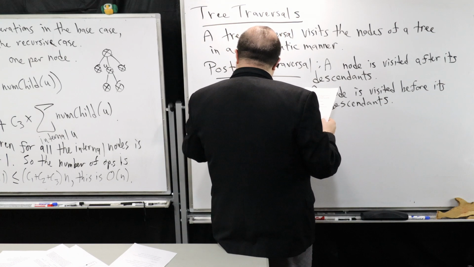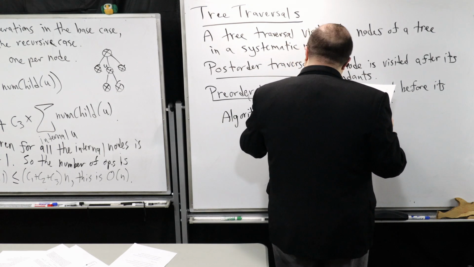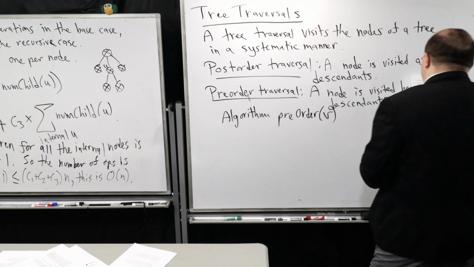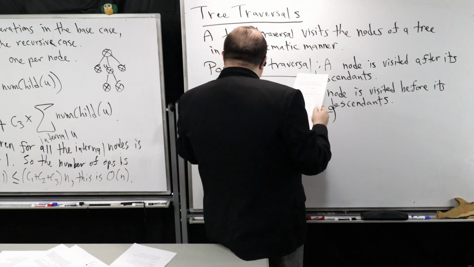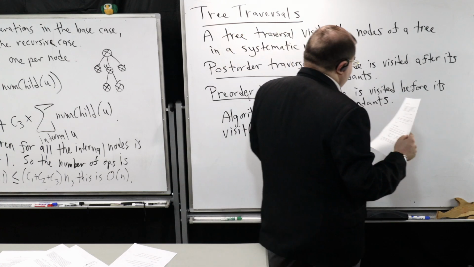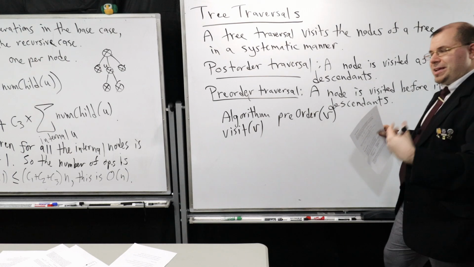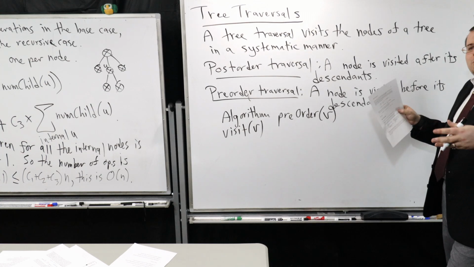So here's the simple framework for doing this. Suppose I'm going to do pre-order first. Suppose I give you a node V. I'm going to visit myself first. This could be some function. For example, you're getting some number from your node for some calculation. That's what visit is. It's just some generic function. You can put whatever you like there.